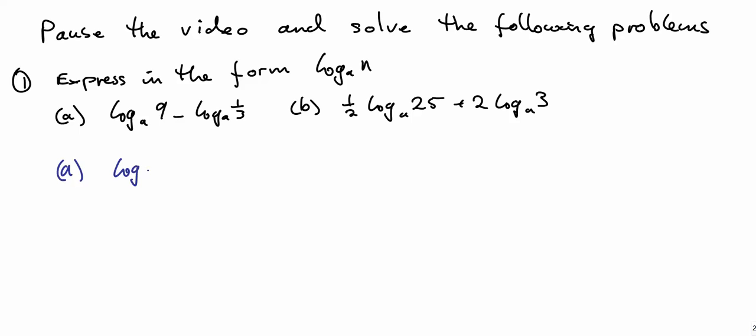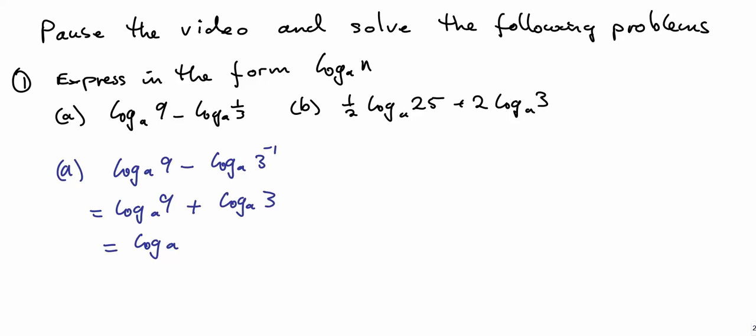Well, 1/3, of course, we can write as 3 to the power of minus 1, so that's log of 3 to the power of minus 1, and so we can write this as log 9 to base a, and then using the power rule, write that as minus minus or plus log 3 to base a, and then we can use the addition rule and multiply 9 and 3, so that is log of 9 times 3, which is log 27 to base a.